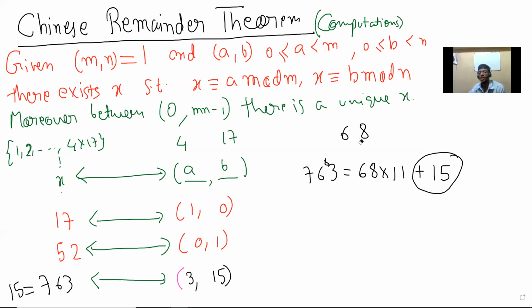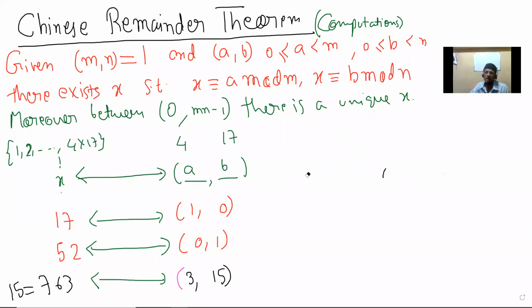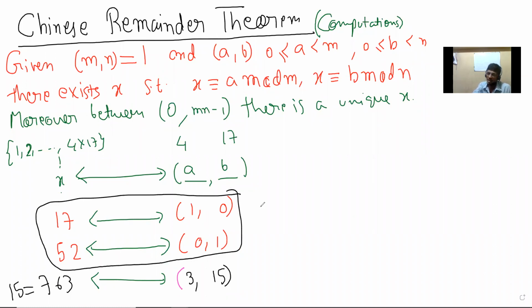So now what should be the next question? Well, one next question can be: tell me how to find these two, because these two you cannot be given. You have to find them, right? You guys agree? But even that is not so easy. You have to maybe guess.